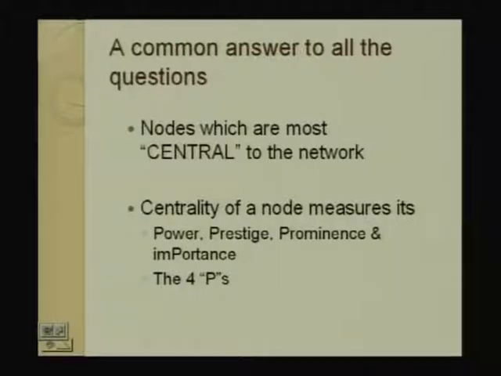These are power, prestige, prominence, and importance. In a social network it makes sense. For web pages or other kinds of networks, you might not exactly use the terms power, prestige or prominence, but definitely you can use analogies of these.